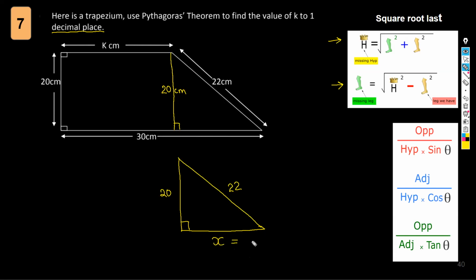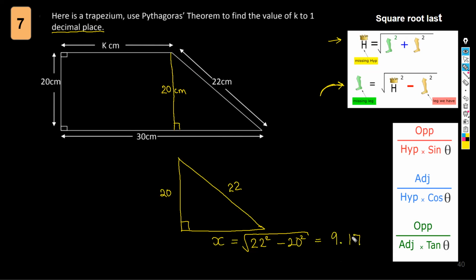So to find x, we say 22 squared minus 20 squared, and we square root last. Let's work that out. 22 squared minus 20 squared, we're going to get 84. And when we square root 84, we're going to get roughly 9.17.